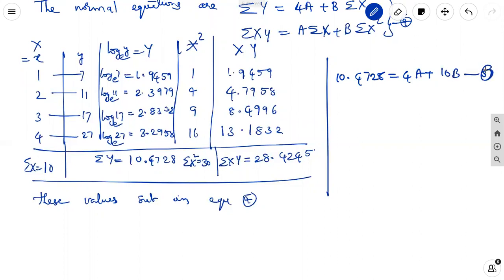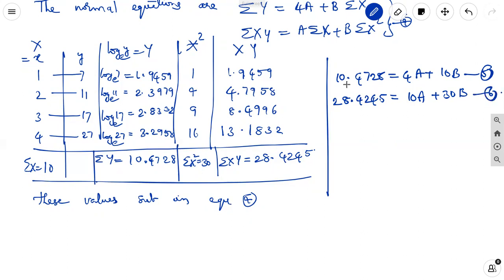It is the fifth equation. Next, sigma XY value is 28.4245 is equal to A sigma X, sigma X is 10, 10A plus 30B. This is the sixth equation.